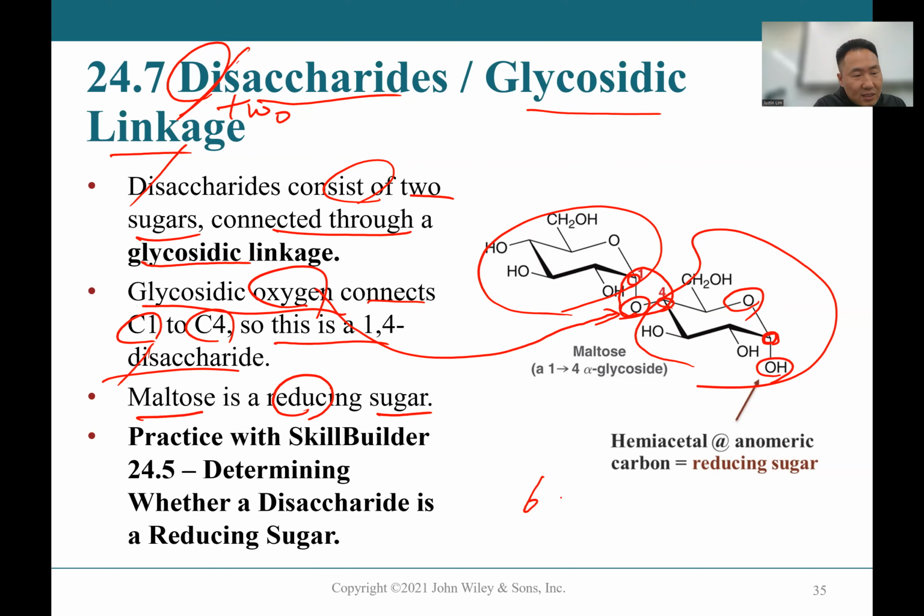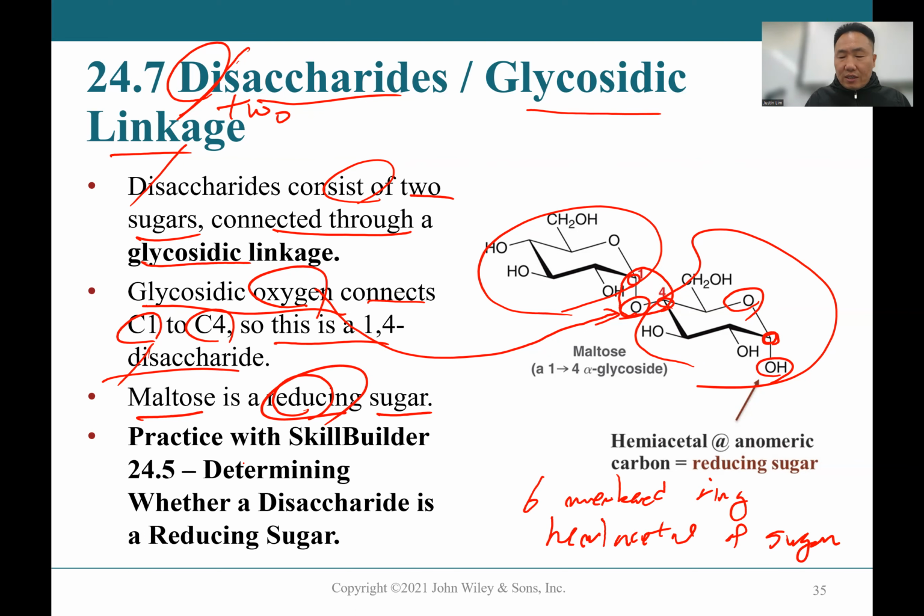This is a six-membered ring hemiacetal of sugar. That's why this is a reducing sugar.